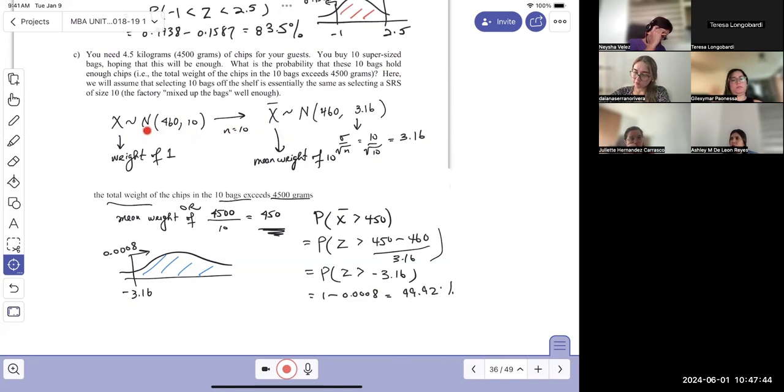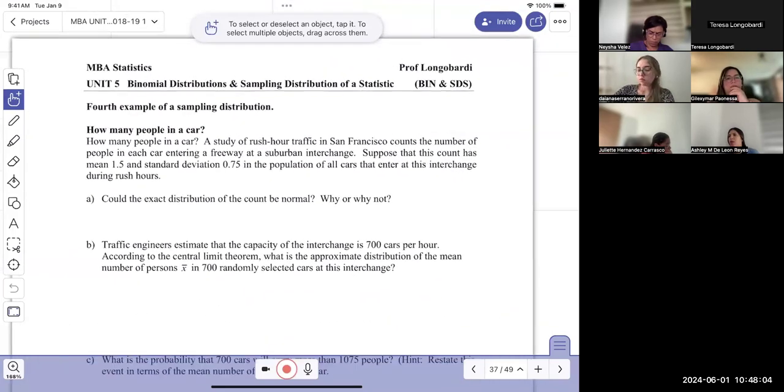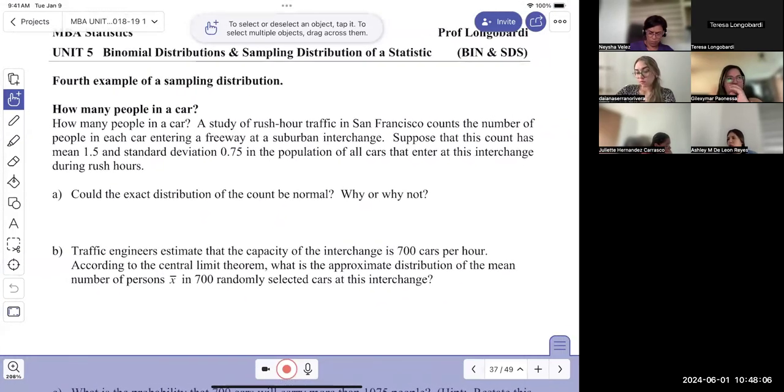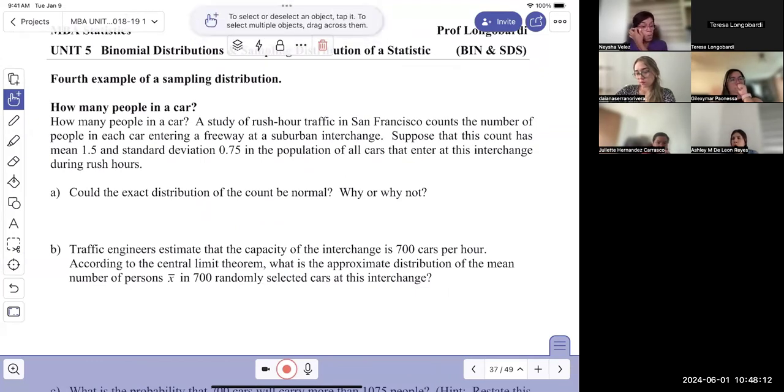But if it's not normal, another result known as the central limit theorem is that it doesn't matter as long as the sample size is big enough, we have this result in approximation. So I'm going to write that out here. So this is the problem. Read the problem. We'll discuss it.